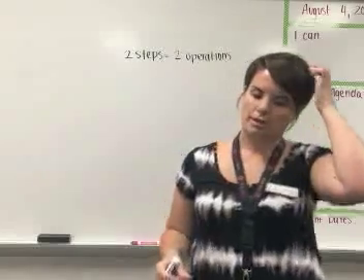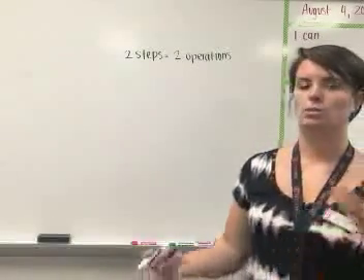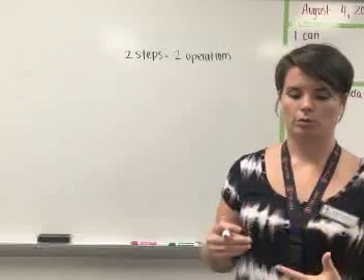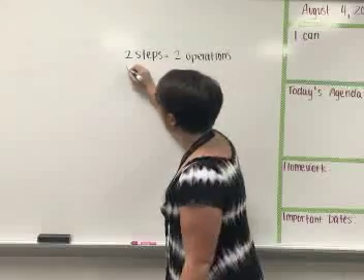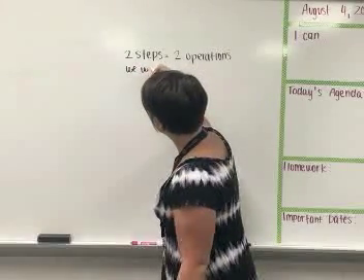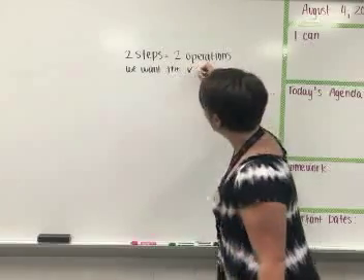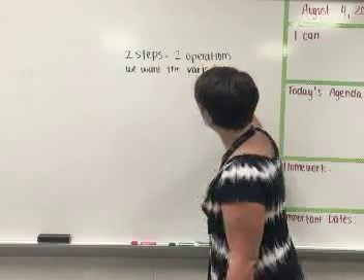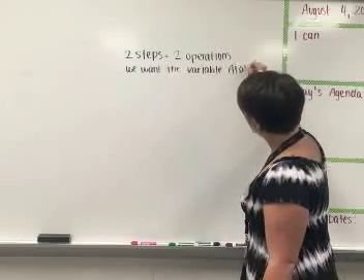So the goal in solving a two-step equation, just like solving any other equation, is you want to get what? The variable alone. You want to get the variable by itself. So always remember, we want the variable alone.